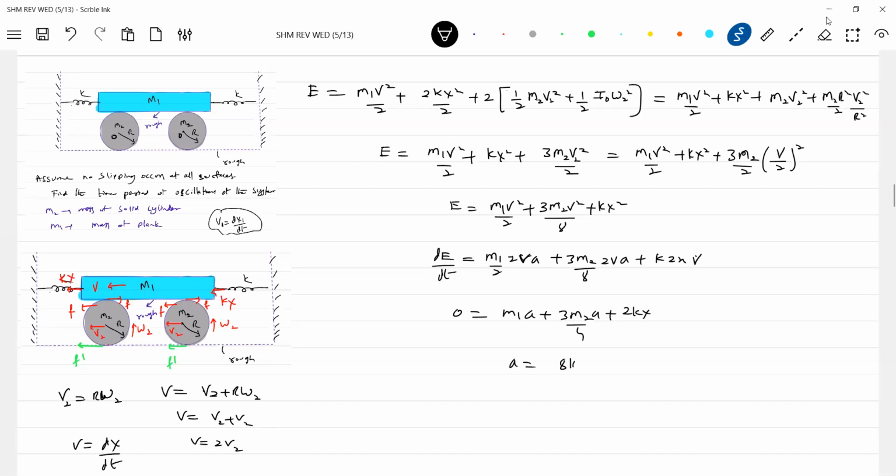So A is equal to 8k by... The problem is not yet over. This is the time period.